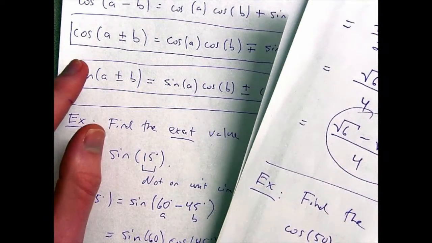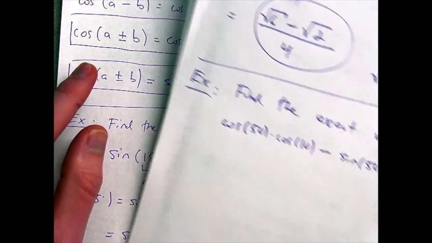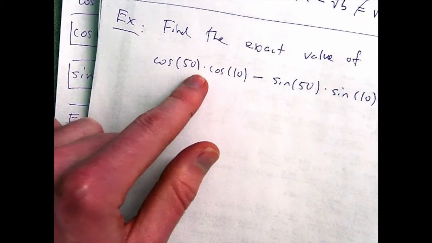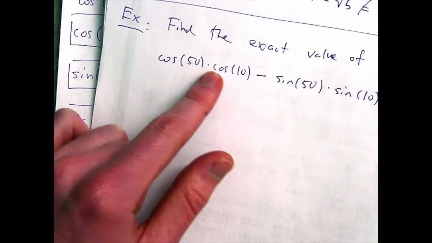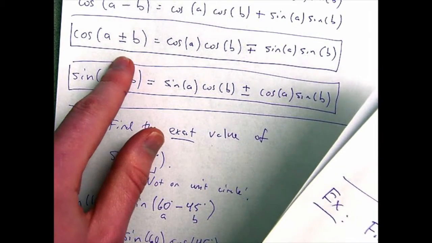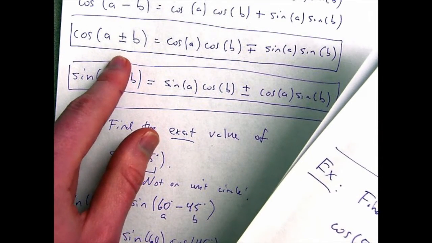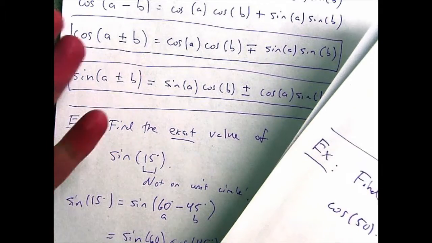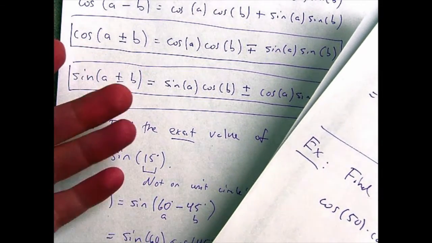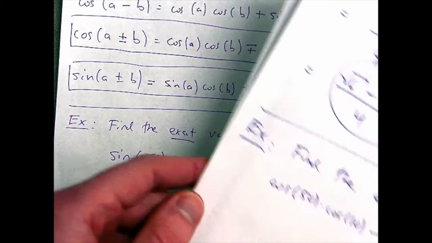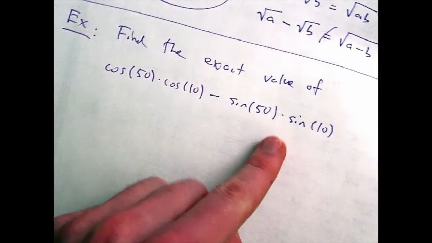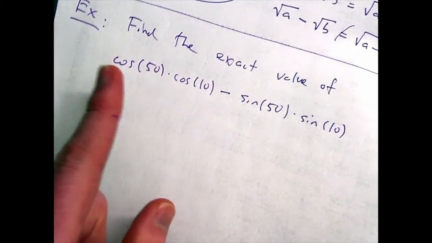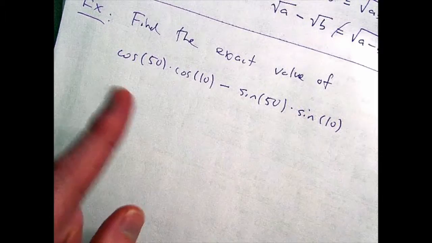The idea is to recognize that this expression is what you would obtain if you applied this cosine formula to some expression. Okay, that's the idea. Now, my claim is that this whole thing is really cosine of either 50 plus 10 or cosine of 50 minus 10.